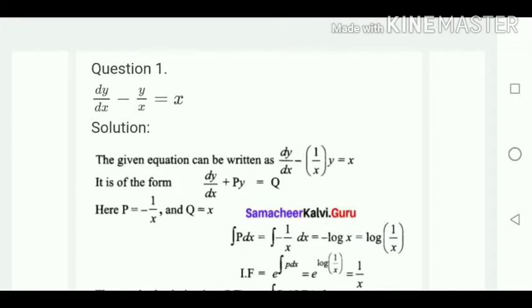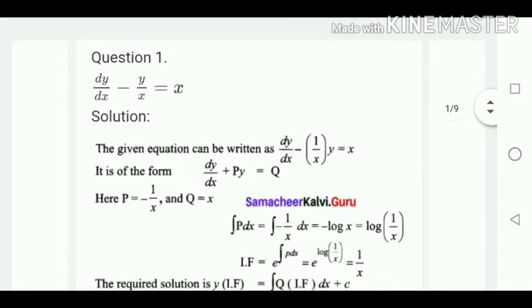First we have to find the integration of P dx. According to the formula, the first step is to find integration of P dx, after changing the equation into the form dy by dx plus Py equal to Q. Now the value of P is minus 1 by x.